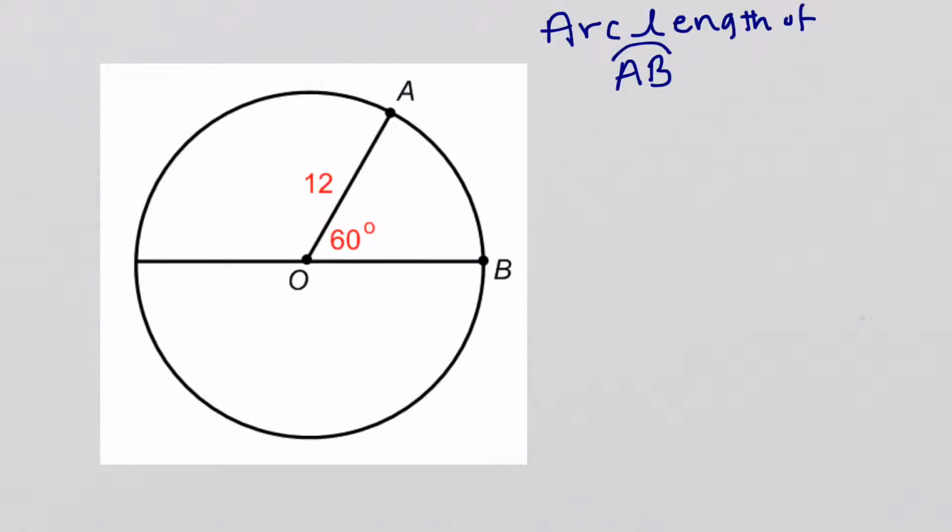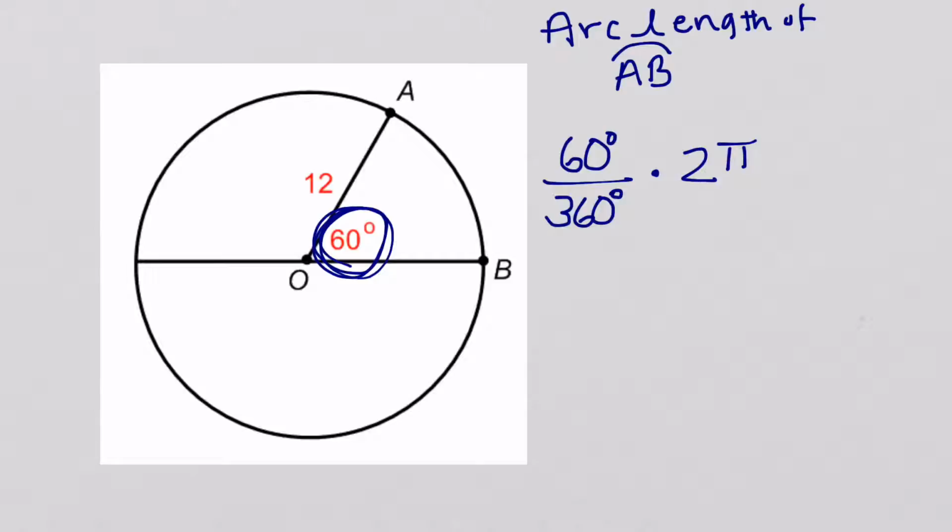All I would have to do is take my central angle, 60 degrees, divided by 360 degrees, and then multiply it by 2 pi and our radius, which is 12. This would give me the arc length equals this. So that is all you would have to do.